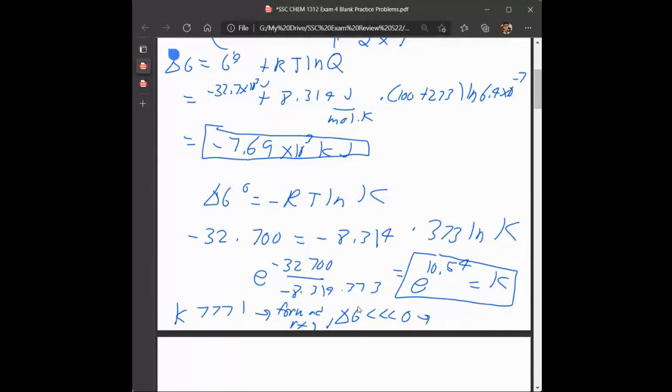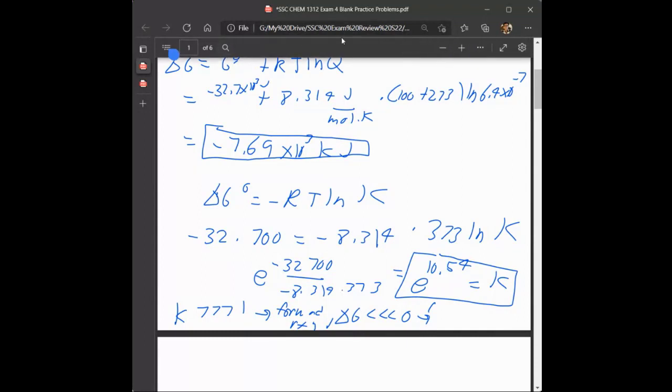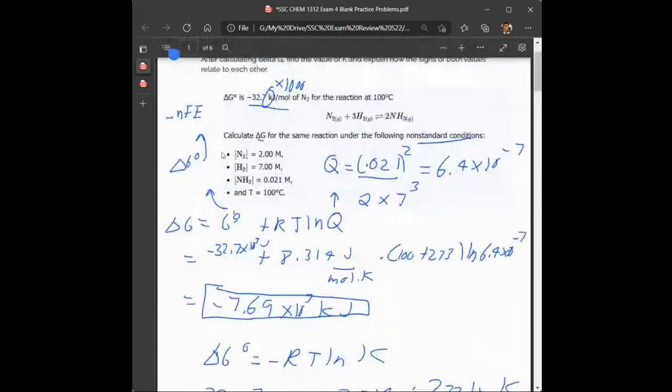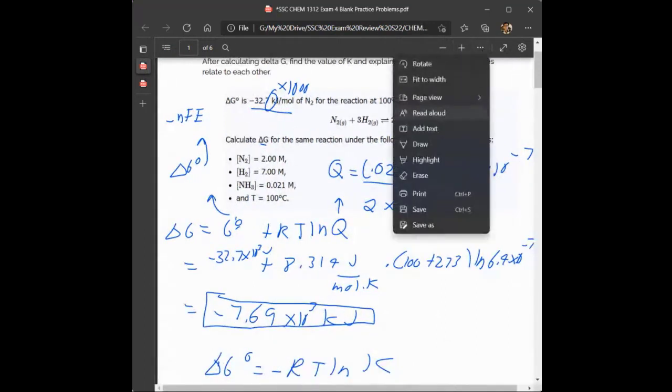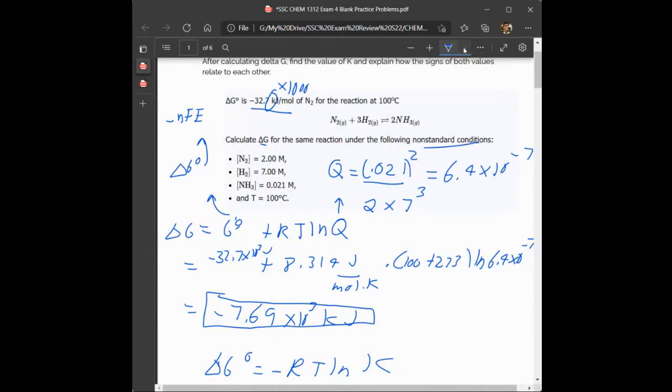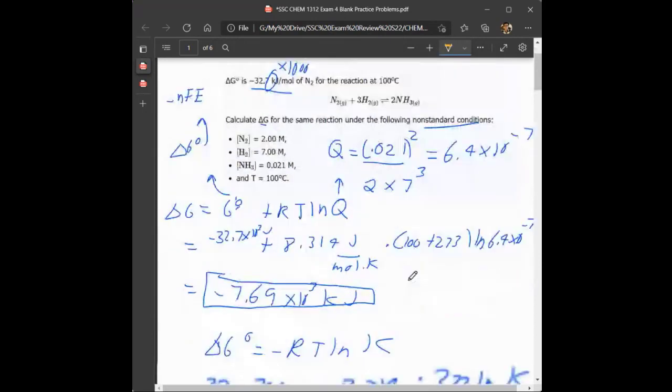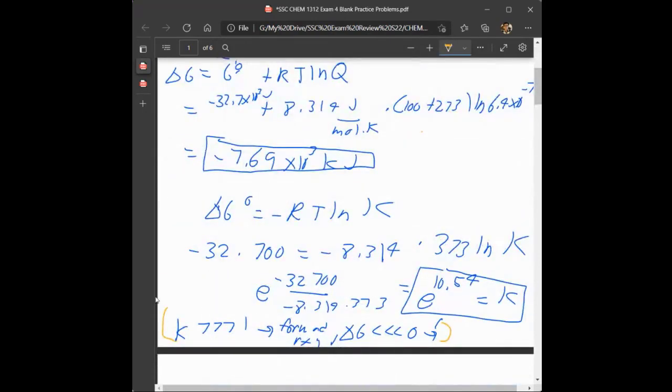So both of these, this here and this here, indicate that the forward reaction is preferred, and thus is spontaneous.